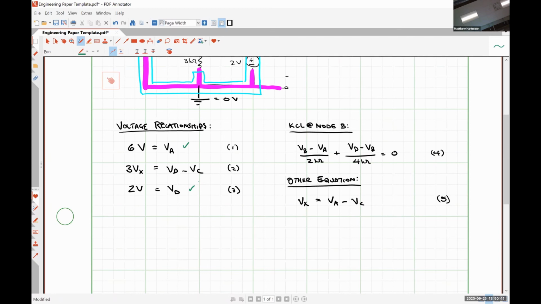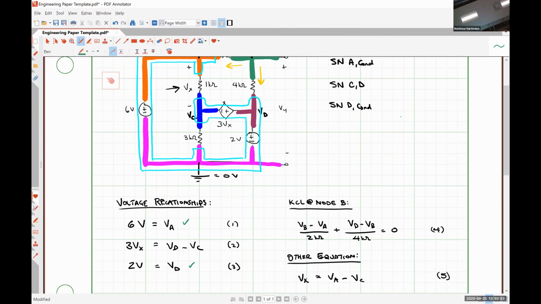Let's look at equation 4. Since we know Va and we know Vd, sorry, this is a mistake. This should be B minus D. Like so.